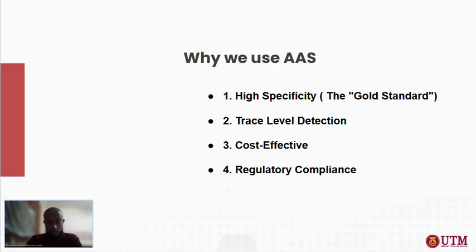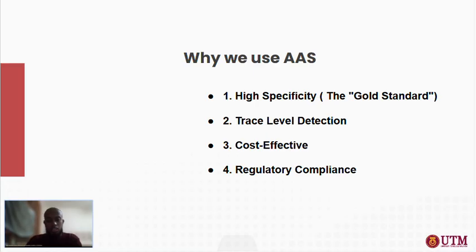Third, the cost, obviously. While there are machines like ICP-MS that can measure 50 elements at once, they are incredibly expensive to run. If you only need to check the purity of your copper prototype or test water for arsenic, AAS is the most economic choice without sacrificing accuracy.